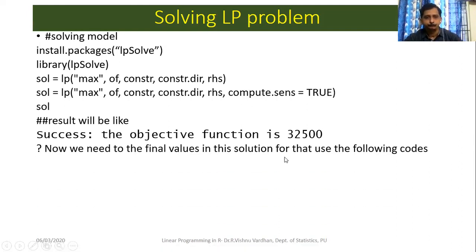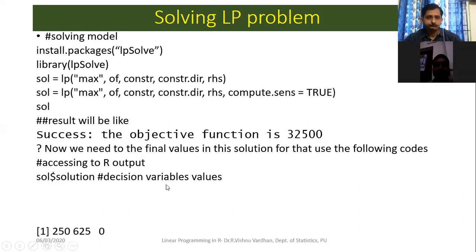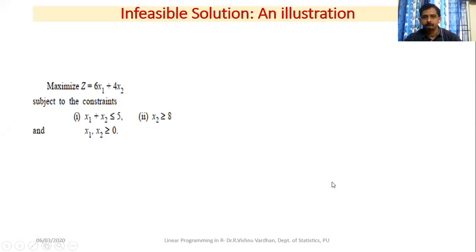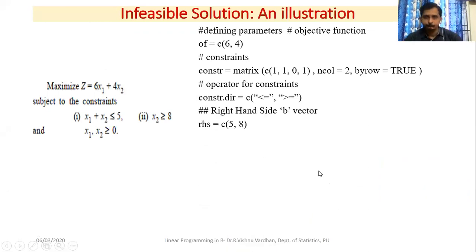That's it. Now, how do we know each of x1, x2, x3, the decision variables? To know that, we use solve$solution to get the decision variable values. So x1 was 250, x2 was 625, x3 was 0. This is what we got. Similarly, we can have an infeasible solution where I'm defining all the matrix operations.